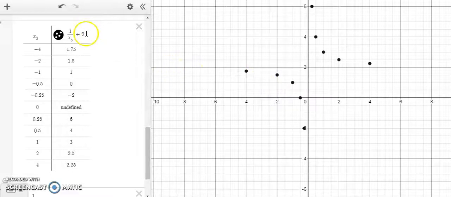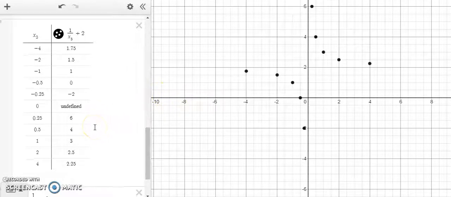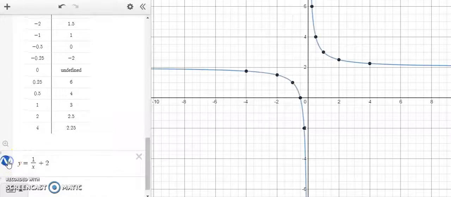This plus 2 on the end has increased the height of all of our points by 2 spaces. So instead of flattening out at the x-axis, now it's going to flatten out at y equals 2. The point where it flattens out on the sides, that's our horizontal asymptote. The line that our curves don't touch in the middle is our vertical asymptote.